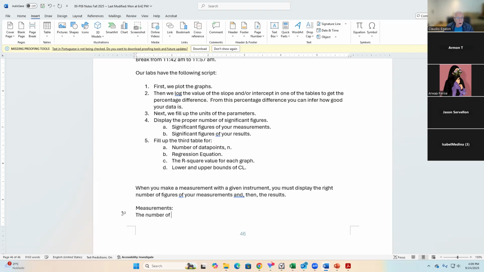The number of sig figs of your measurement depends on the measuring instrument you are using.